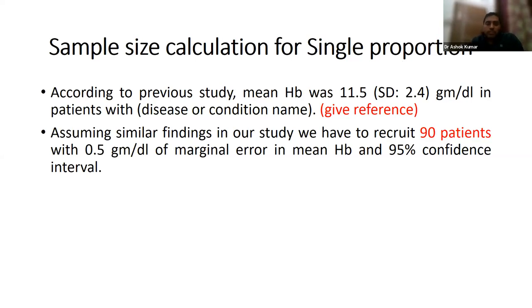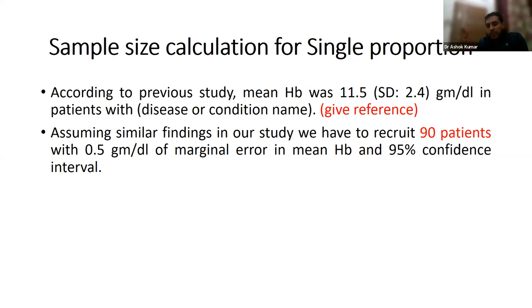So according to previous study, mean HB, mean creatinine, mean health-related quality of life, mean satisfaction score, mean exam score, mean knowledge score, mean practice score, whatever, was 11.5. And SD, from previous study, we are taking this. SD is a standard deviation, that is 2.4.